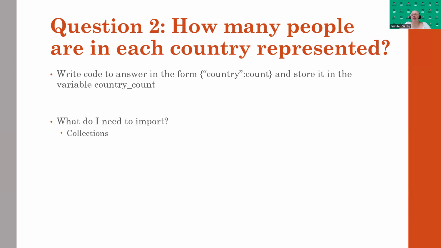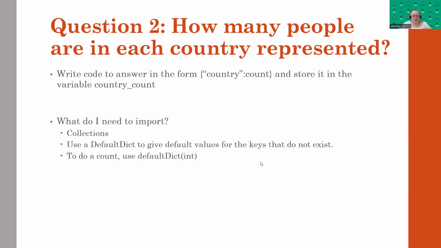But with collections, I was able to reduce that down into: for word in document, I just add one to the count. But I had to use the default dictionary function to give values for the keys that do not exist. So to do a count, we will say counts equals collections dot default dictionary int, because we're going to count with integers.